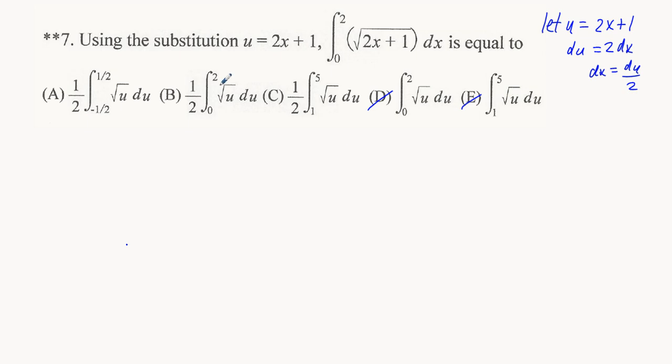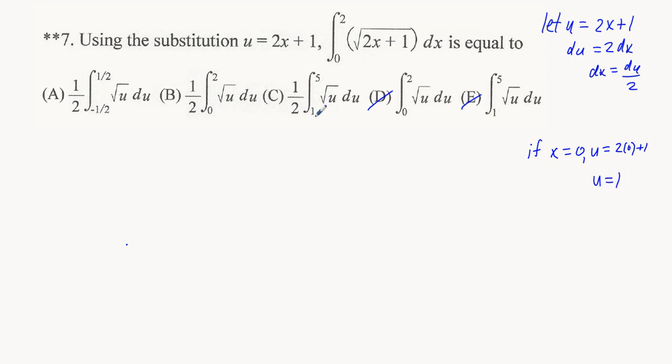In the remaining answers, what we see are different limits after doing that u substitution. So let's figure out what we're going to do. We have let u equal 2x plus 1. To take the lower limit, if x equals 0, then u is equal to 2 times 0 plus 1, or u would be equal to 1.